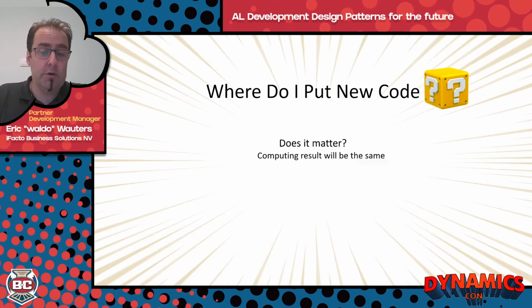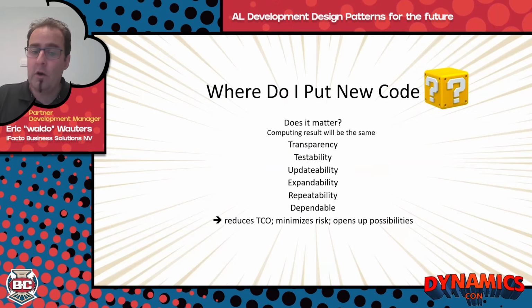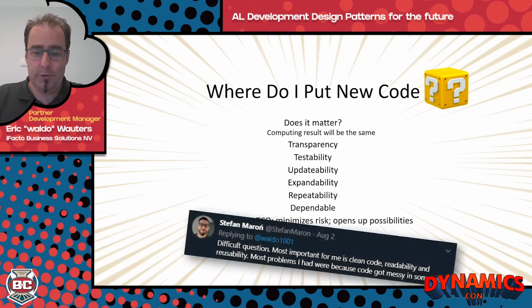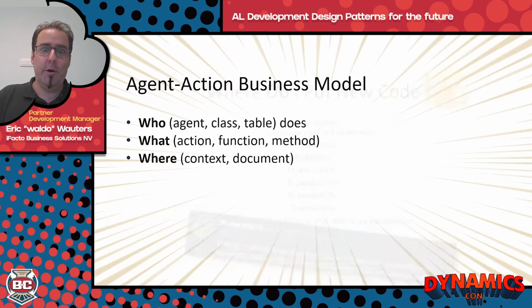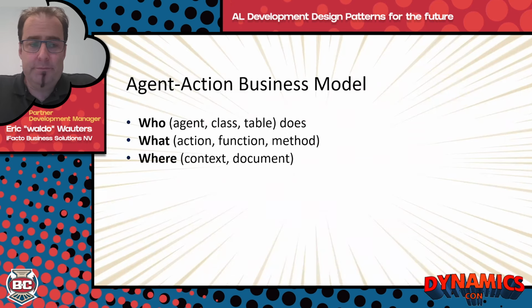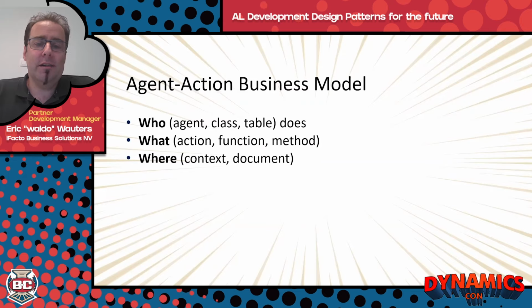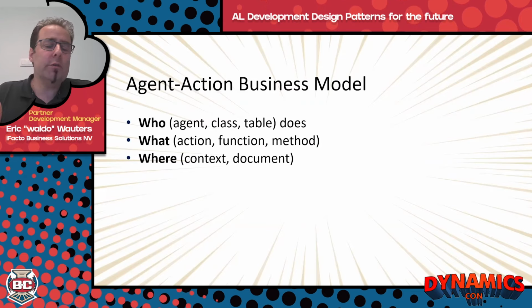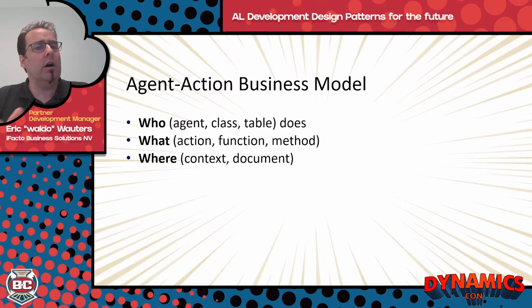Does it matter? Of course it matters, for all the reasons that I already have mentioned. So Stefan is going to be really happy with this pattern, I hope. And the main question that you should always ask, in my opinion, is who does what where? Where the who is the agent, the class.